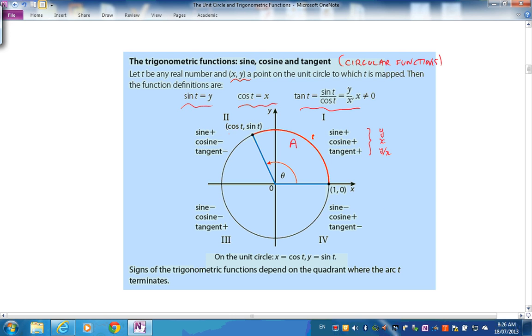As you go round, you'll notice here the sine, which is the y value, is still positive up there. The cosine, which is the x value, has now gone negative. Yep. And the tangent, which is y over x, will be a positive over negative. That will be negative. So the only thing that's positive in this quadrant is the sine. So we're going to have mixtures of positive and negative as we land in different quadrants of the circle here.